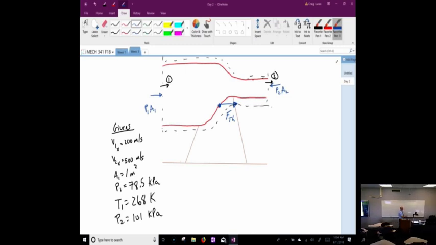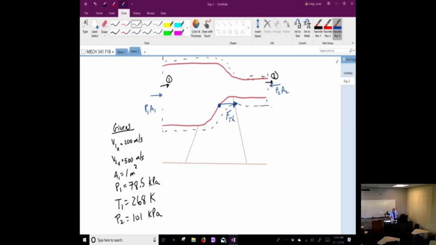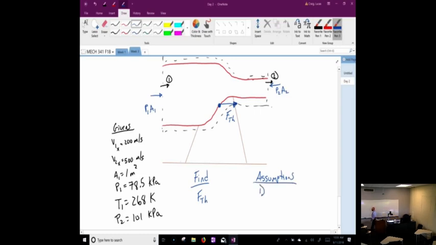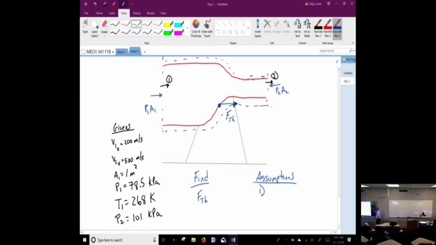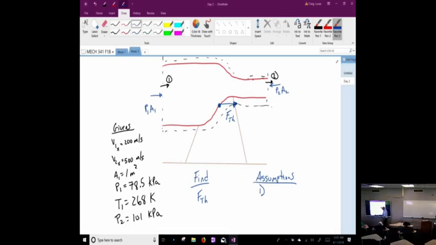So we have pressure forces, we have thrust, and that's what we're going to find. We have air going through this engine, spinning inside here, creating a low pressure up front, and spitting out at the atmospheric pressure.